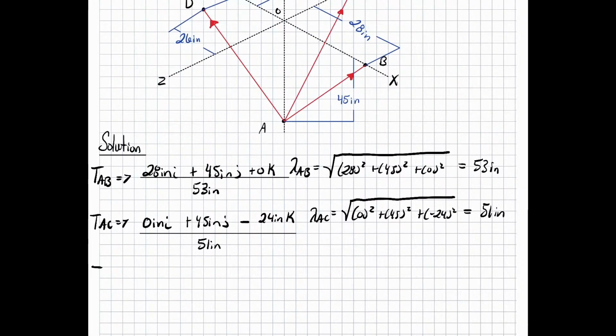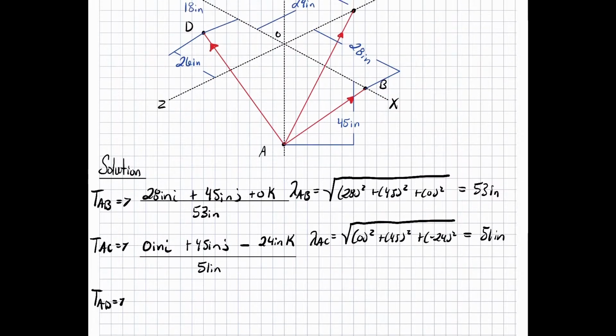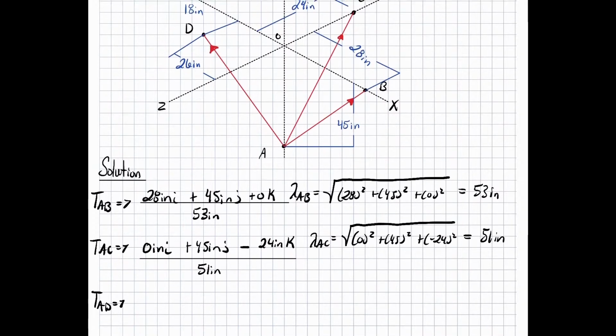All right, so let's evaluate tension AD now. Just make it to where you can see it still, 18 inches. Okay, so in the X direction, we have a negative 26 inches in the I. Again, positive 45 inches in the J, and a positive 18 inches in the K direction.